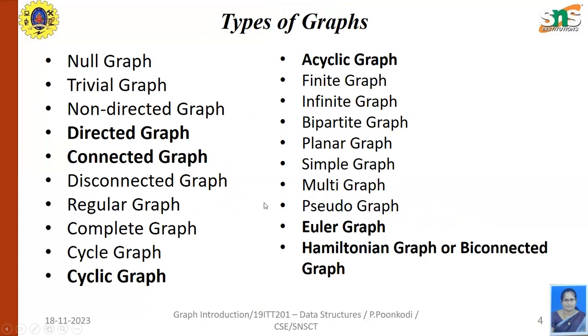In this slide, I have given the different varieties of graphs which are available in the data structure concept: the null graph, trivial graph, non-directed graph, directed graph, connected graph, disconnected graph, regular graph, complete graph, cycle graph, cyclic graph, acyclic graph, finite graph, infinite graph, quadratic graph, planar graph, simple graph, multi-graph, pseudo-graph, Euler graph or Hamiltonian graph, or biconnected graph.